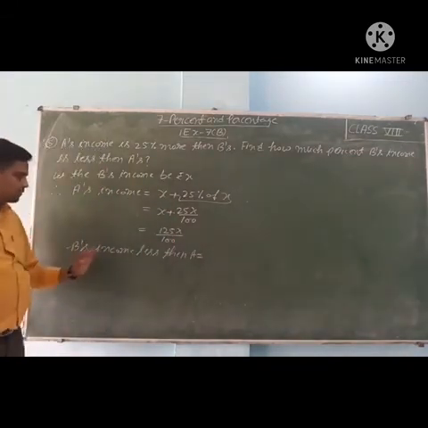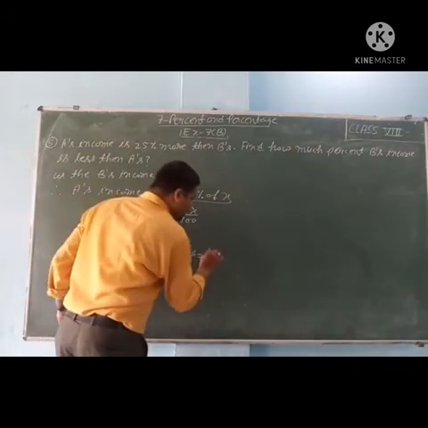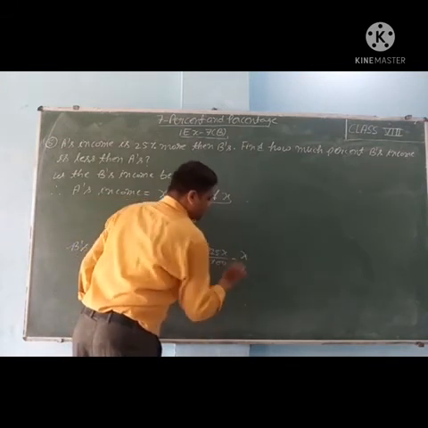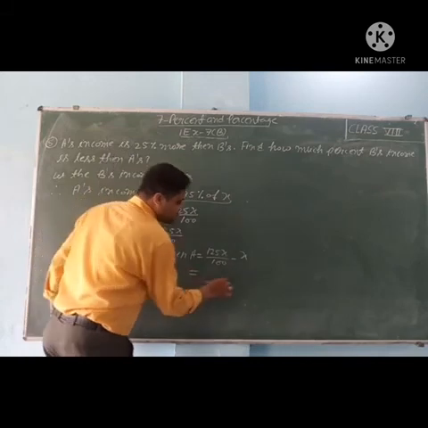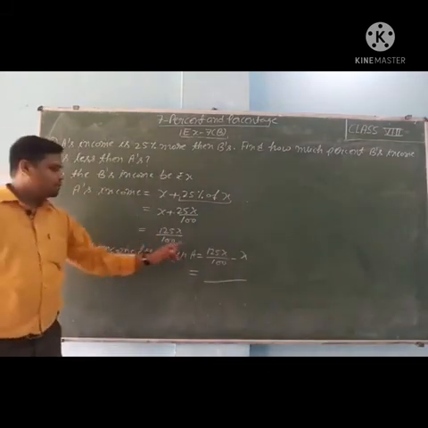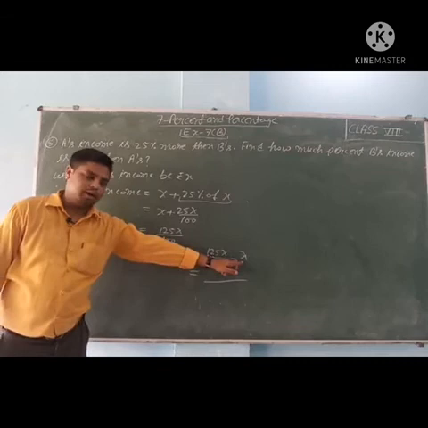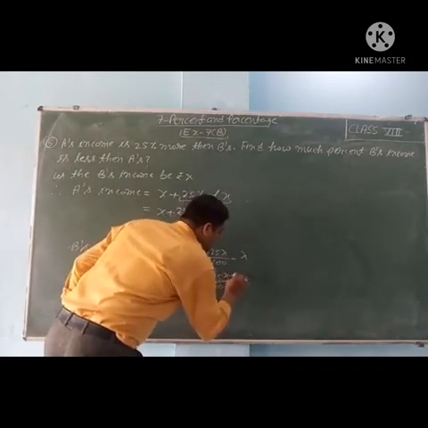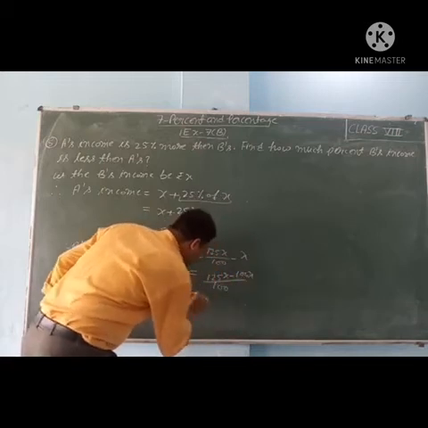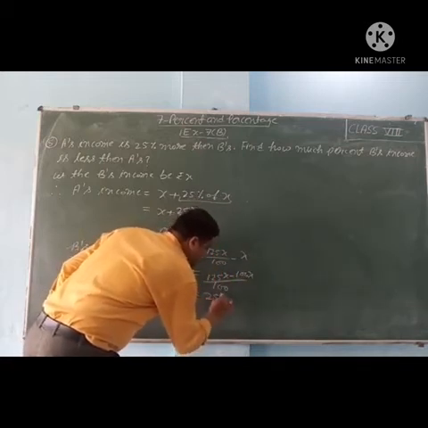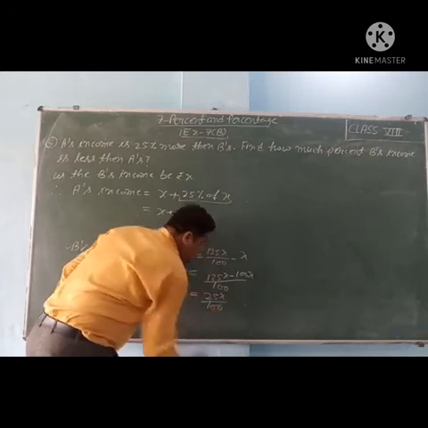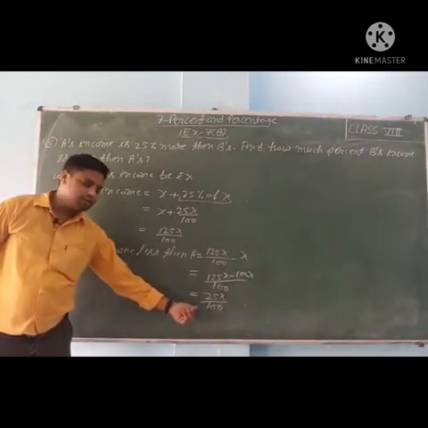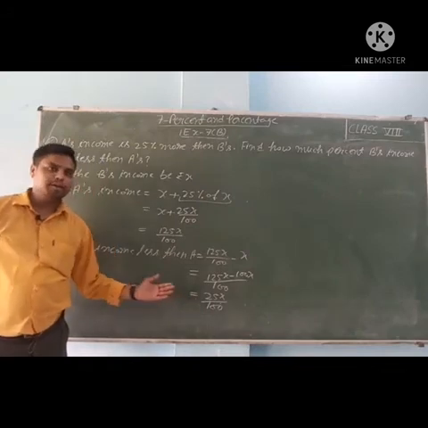First we will find B's income less than A. So 125x upon 100 minus x. So take the LCM, because A's income is this minus B's income x. So LCM 100. 125x minus 100x is equal to 25x upon 100. B's income is less than A's by 25x upon 100.